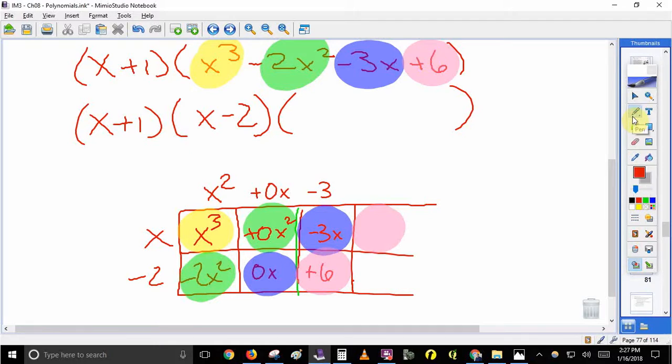So again, our remainder is 0, and this gets to fill in this parentheses, x squared minus 3.